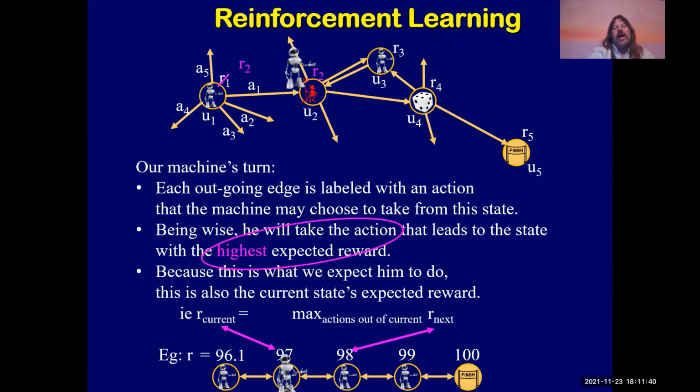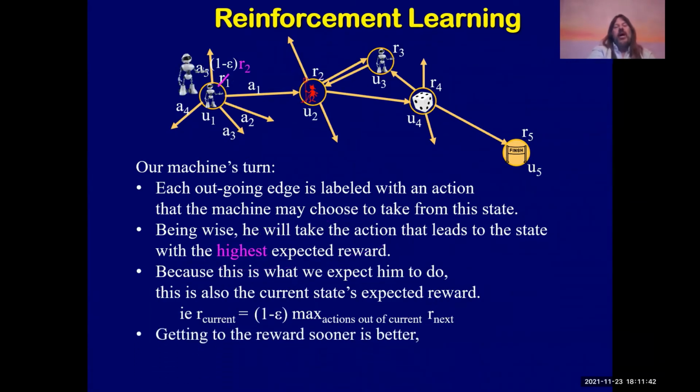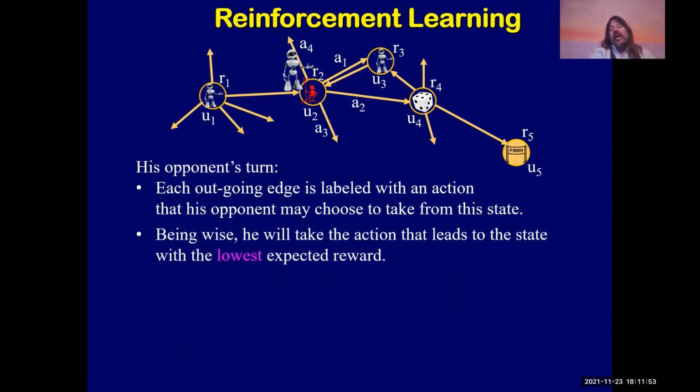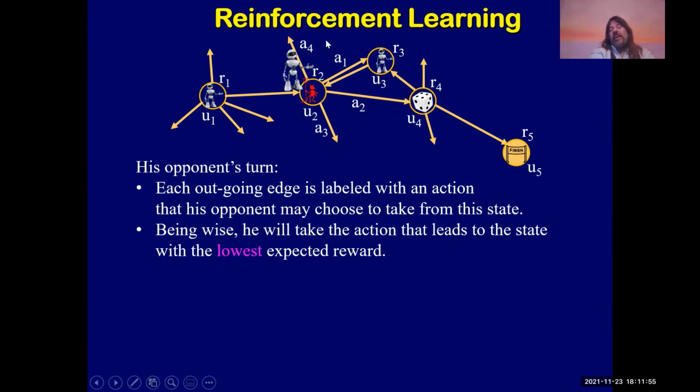All right, so now that was just for our robot's turn. If it's his opponent's turn, then again, he has various actions that he could take. He knows how the board currently is, and he knows what actions he could take, and that moves you to a different board.